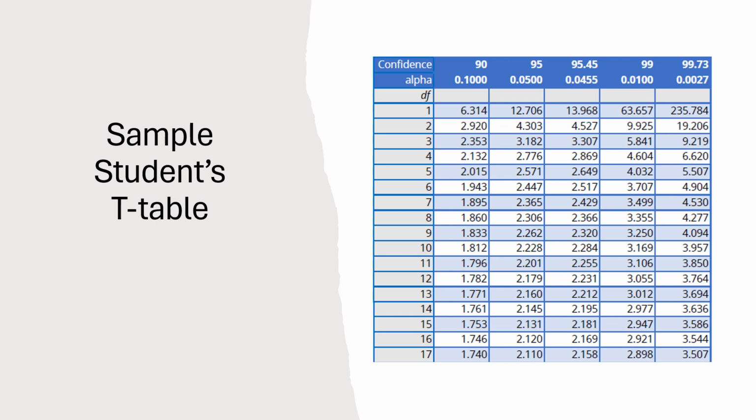So your t value is going to be 4.303. If your t value is less than 4.303, you can reject the null hypothesis. Otherwise, you would have to accept the null hypothesis. So this way we can refer to a t-table and find the p-value, or the probability value, from our t-test statistic.